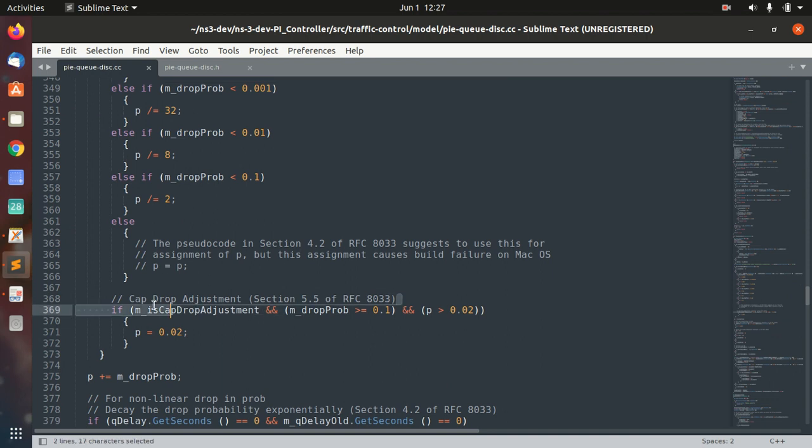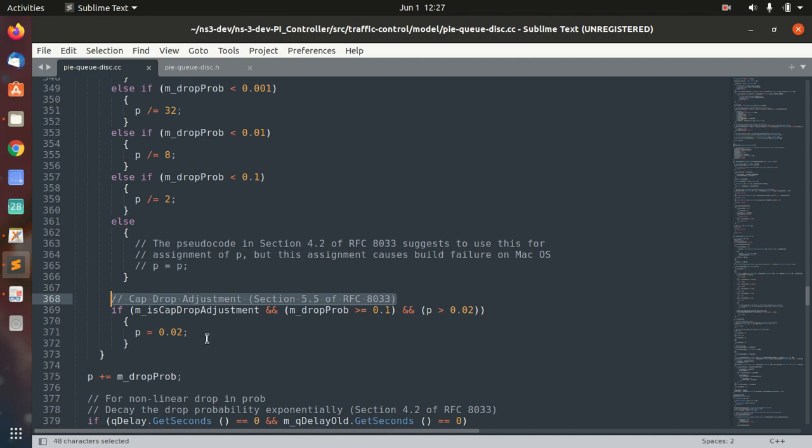Now after that we check for the cap drop adjustment. It has another concept. If the sender is in the slow start phase, the packets keep on coming, and in that case the drop probability value also increases quickly. Because of the high increment of the drop probability, it might create a negative impact on this algorithm. So because of that, we enable the cap adjustment so that the drop probability increases in a controlled way in each step.